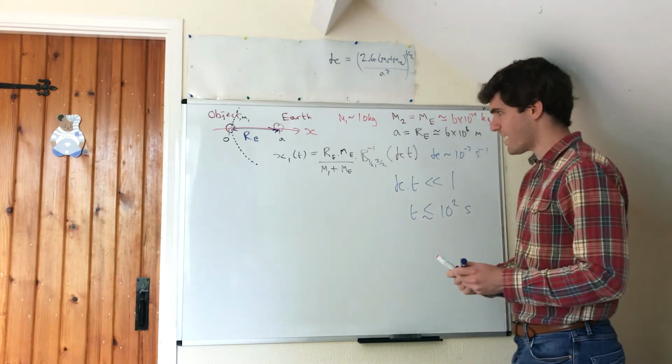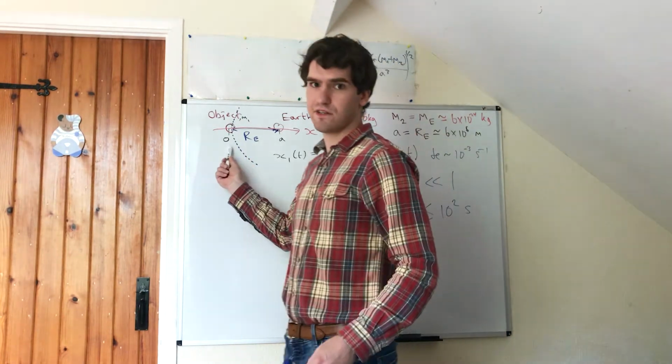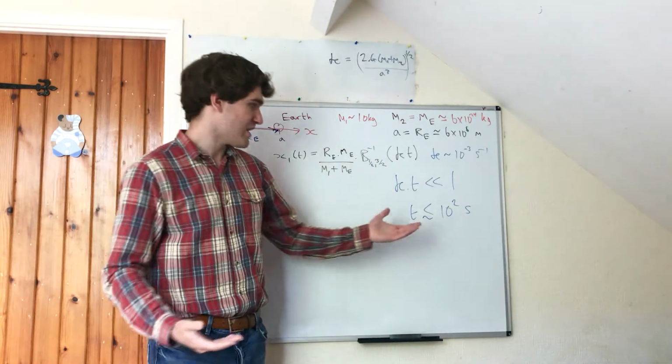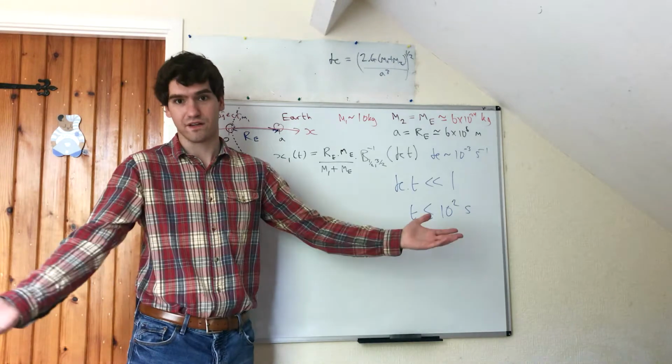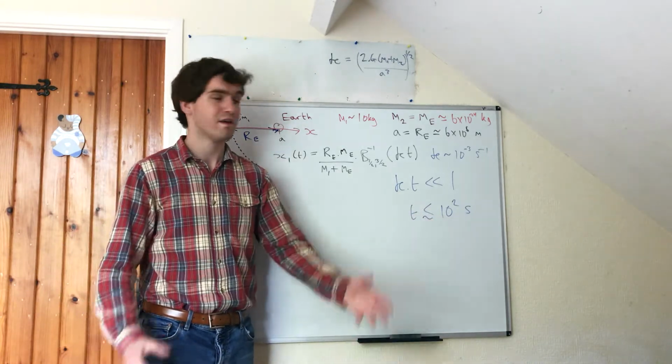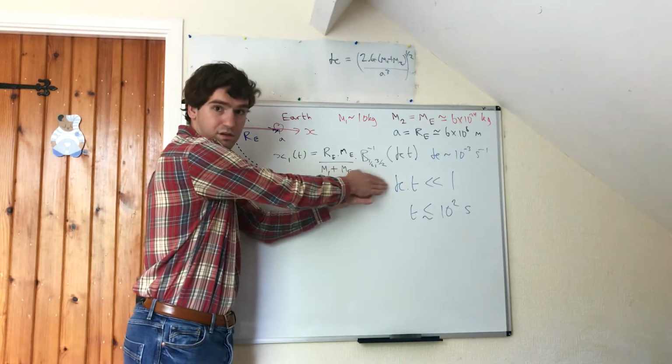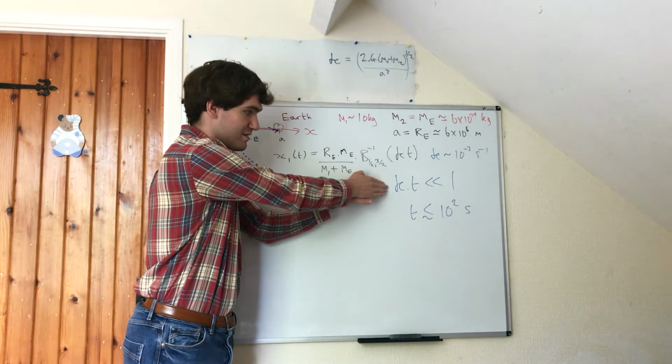So as long as this object falls for less than 100 seconds, or just 1 to 10 seconds, which will comfortably be under that limit, then we have this being true.